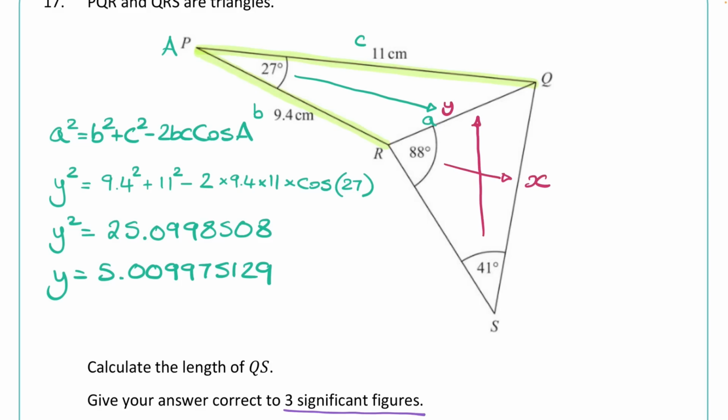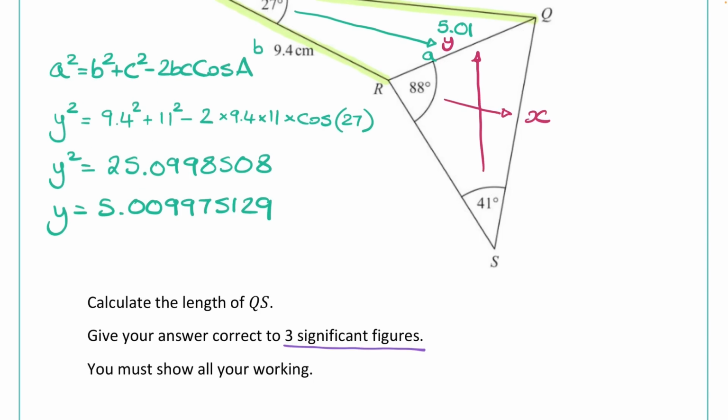And when I come to look at this other length, I'm going to use the number in my calculator. So I'm going to put 5.01 here on the diagram, purely because I don't want to write all over the diagram. I know that that's now the number 5.01. So now I'm going to move on to this other triangle. Now we already said we can use the sine rule because we have these pairs of opposites.